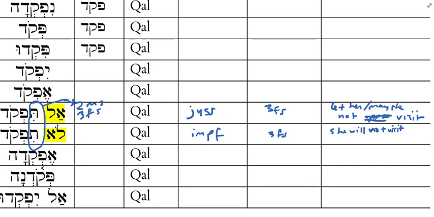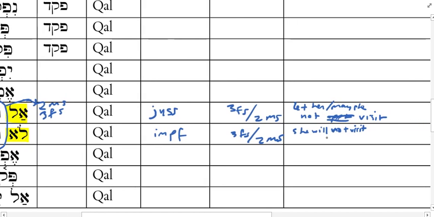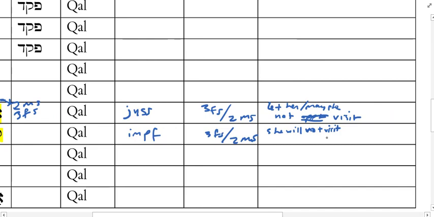Okay? Now, the other possibility, of course, is that this is a 2ms form. Okay? And when it's second person, then this is me expressing my will by way of a prohibition. Because when I give prohibitions, my prohibitions are directed at you, right? I'm prohibiting you from doing something when I issue a prohibition.